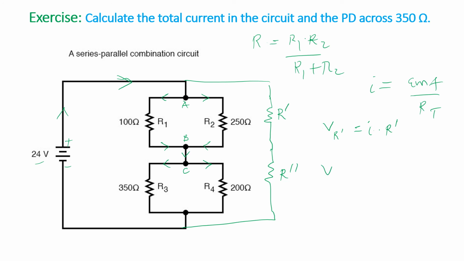And if you want to get the PD across R double prime, it is I times R double prime. So the PD V across R double prime is the total PD across R3 and R4. Since R3 and R4 are in parallel, they have the same PD across them, and that is the V across R double prime. If you want, you can call this the same as V across the 350 ohm resistor.